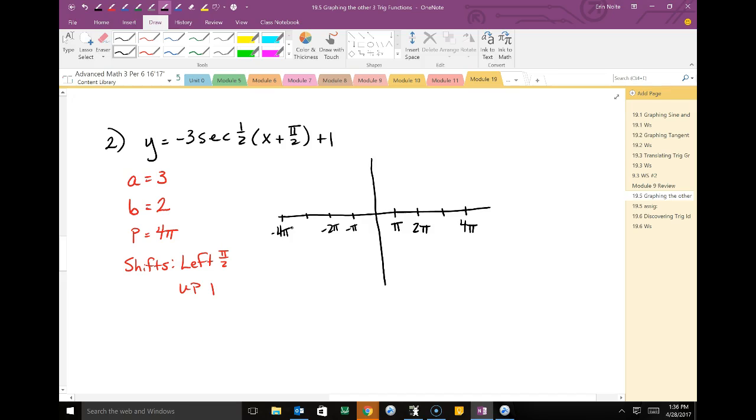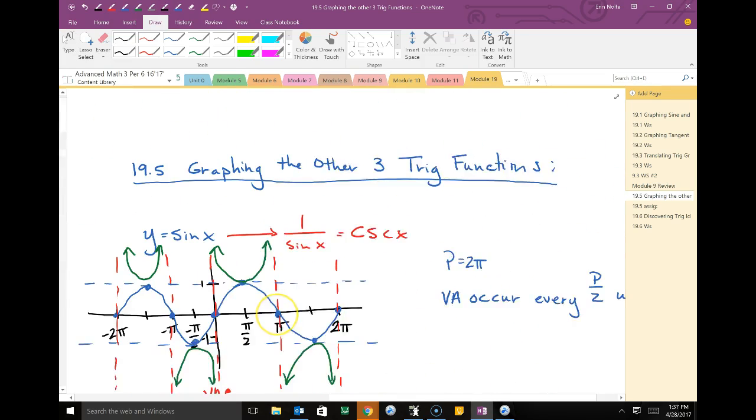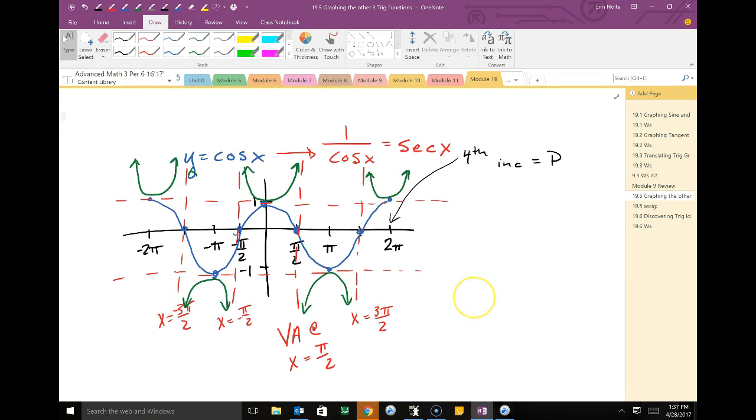Alright, let's do the vertical asymptote. You ready? Okay. Now the first thing I have to think about is where the first vertical asymptote exists with secant. Okay, so if you go back to our parent functions, where is the first vertical asymptote? At pi over 2, right?